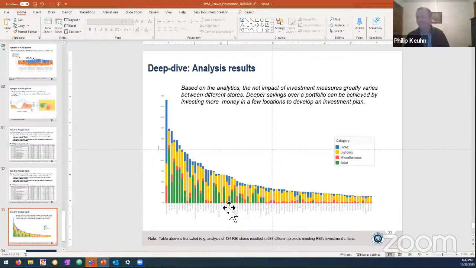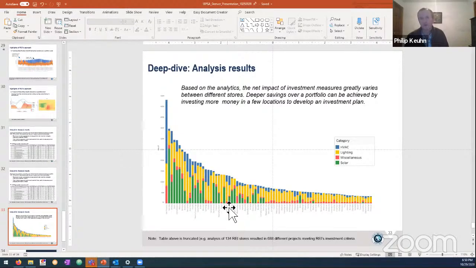Yeah, sorry, I'm talking a lot more than you. This graph is showing results from where we evaluated all the stores that REI, the outdoor co-op, has across the country. So what you're looking at here is big box retail stores. A lot of that is the utility rates and the incentive structures that were available in California. I'd say those are by far the two biggest drivers.